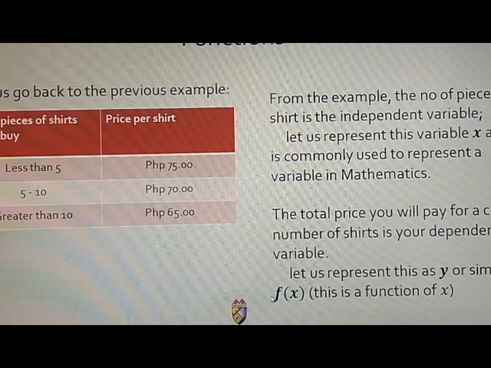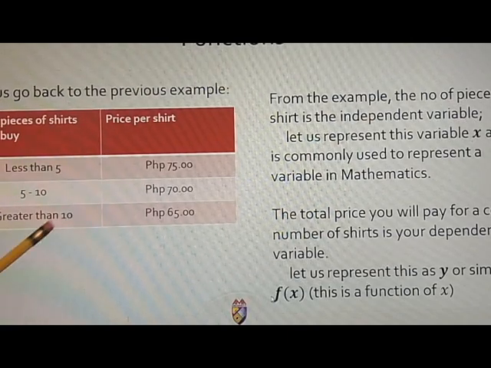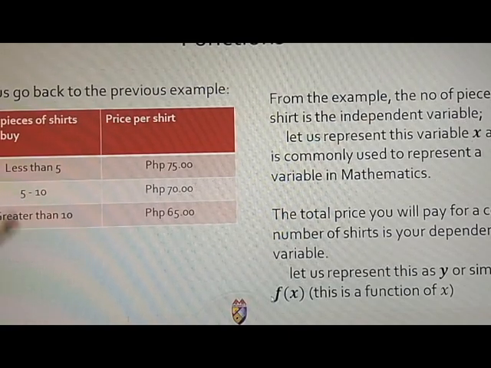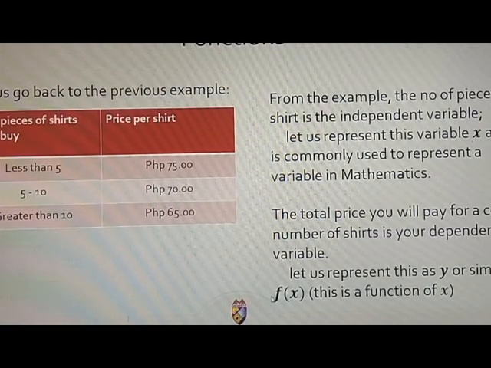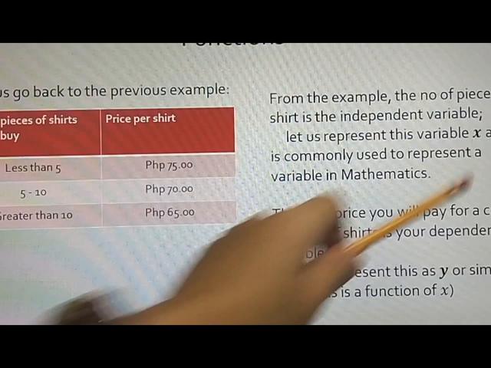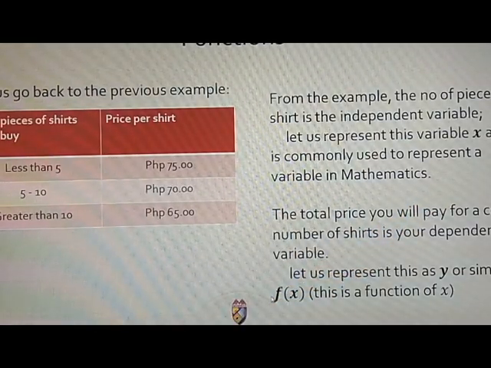From the example, the number of pieces of shirt is the independent variable. So let us represent this as the variable x, as this is commonly used to represent a variable in mathematics.